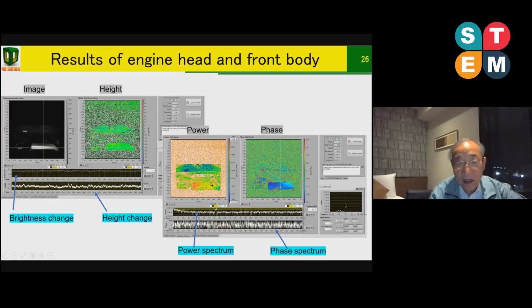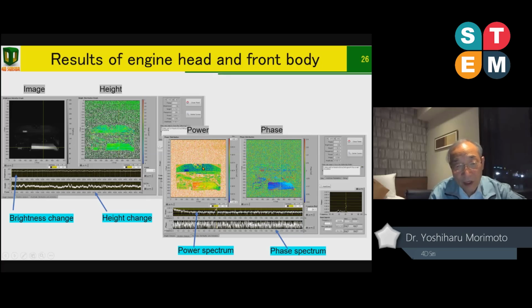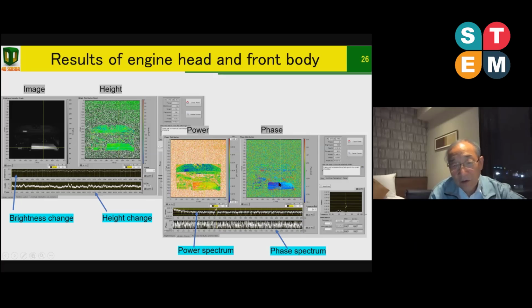Then here is a very high power. The amplitude of the vibration is very large in this red area, and in the blue area the vibration amplitude is very small. Here is a phase distribution. The phase is almost the same in this case.